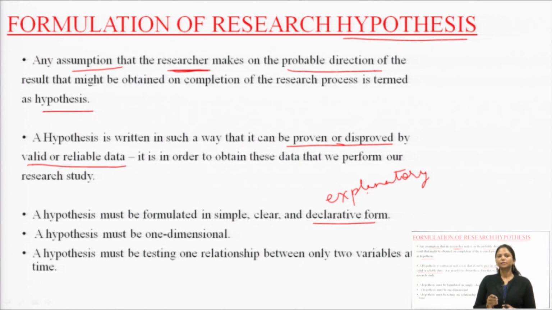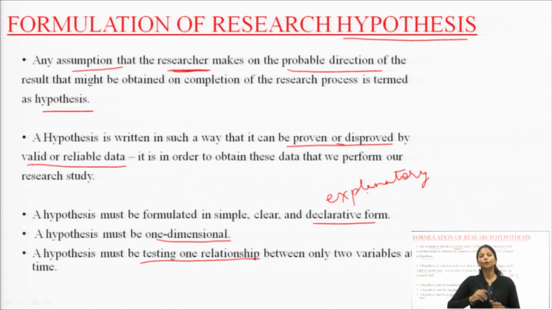So, a hypothesis has to be one dimensional. What is the meaning of one dimensional? It means we are supposed to test only one relationship between two different variables of the population at a time. We cannot talk about too many variables or too many relationships about a population.